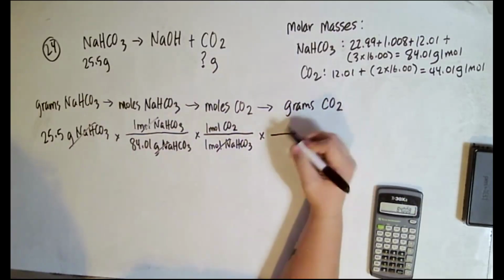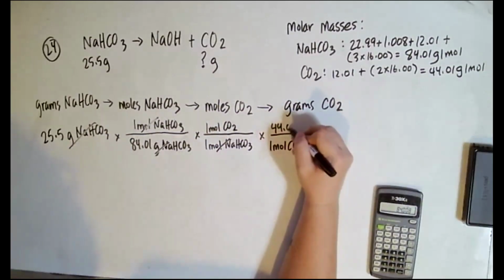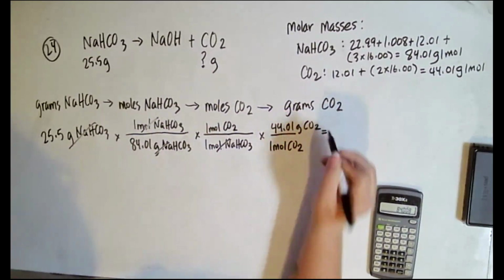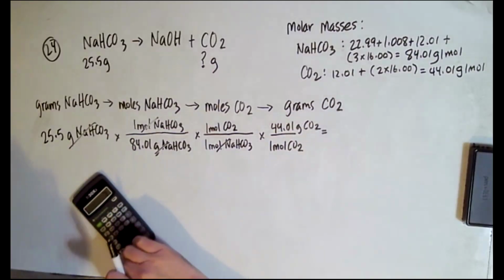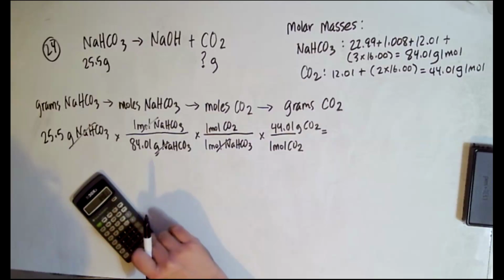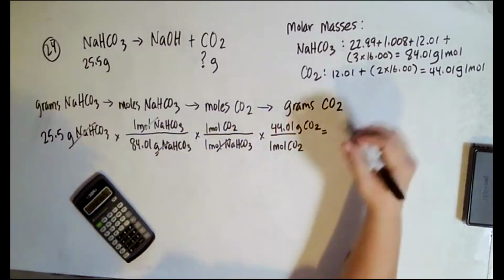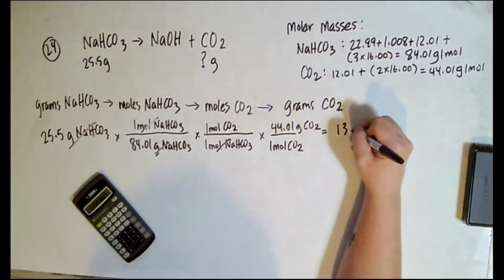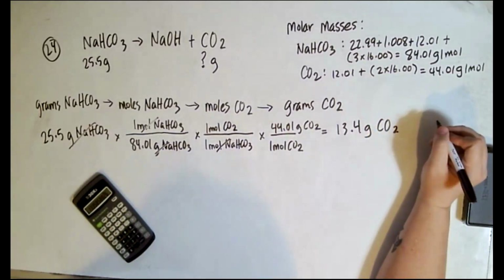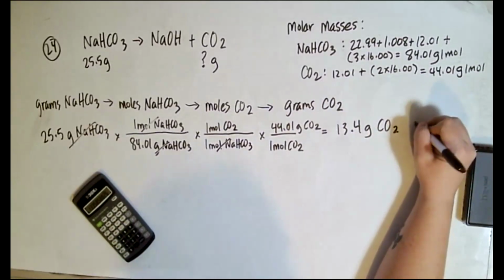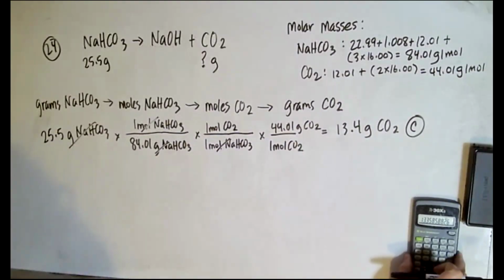And we see from the molar mass of CO2 that every 1 mole of CO2 is going to be 44.01 grams of CO2. Which is going to be choice C.